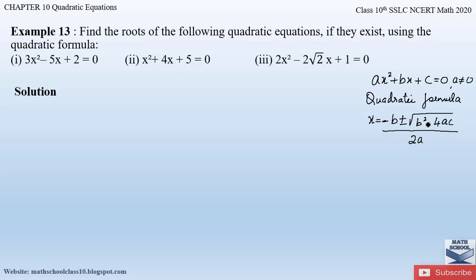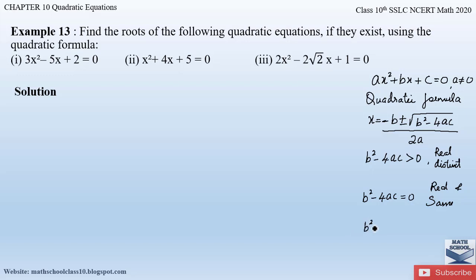Now here, depending on the value of b square minus 4ac, we get different kinds of roots. If this is greater than 0, then the roots are real and distinct. If b square minus 4ac is equal to 0, then we will get real and equal roots.